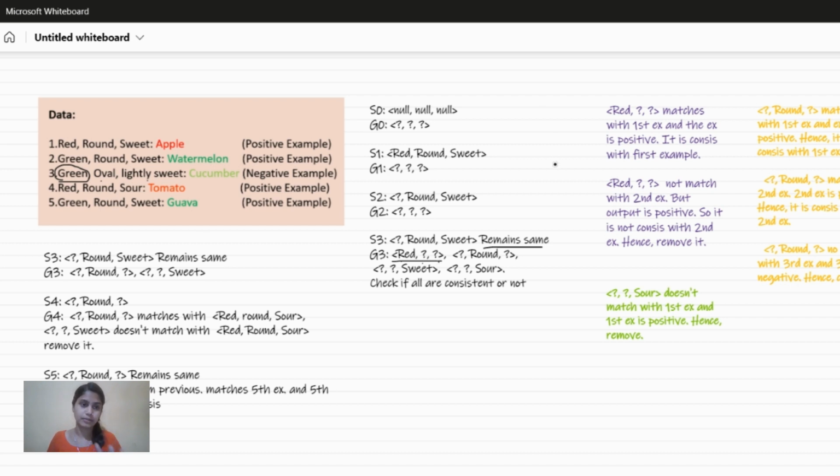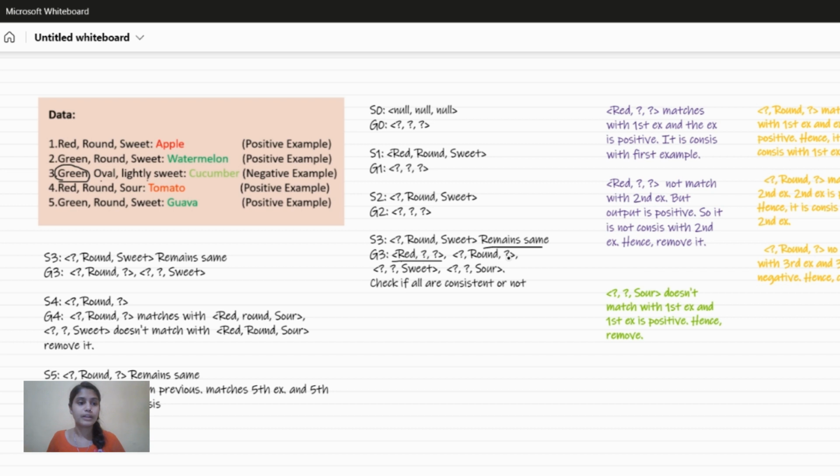Please listen carefully. Now for the second attribute, what are all the other opposite shapes? Only round, isn't it? So I have kept the first attribute as a question mark, the second attribute as round, which is the opposite of oval, and the third attribute as a question mark.